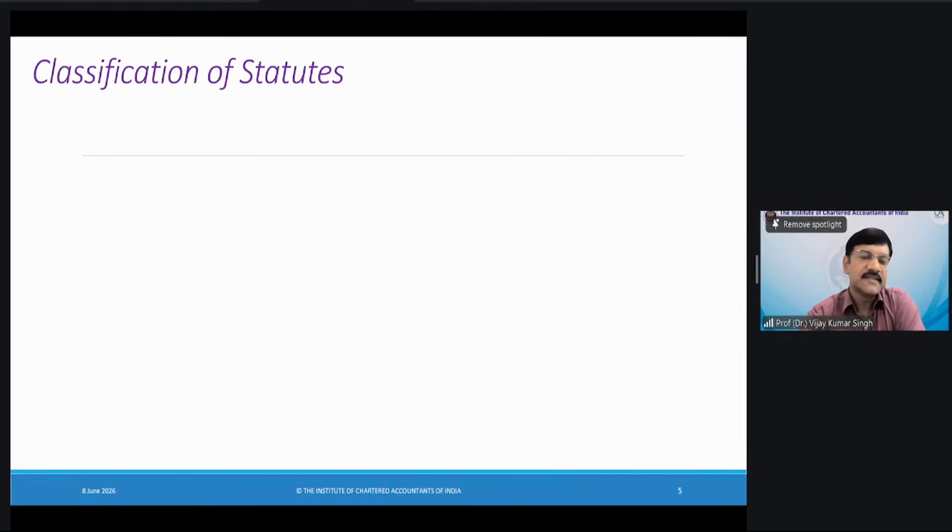Now, let us look at statutes. We are primarily dealing with interpretation of statutes, which is a major part of the interpretation subject. You have to understand that different statutes have different ways of interpretation. A simple example: criminal or penal statutes are always strictly interpreted.